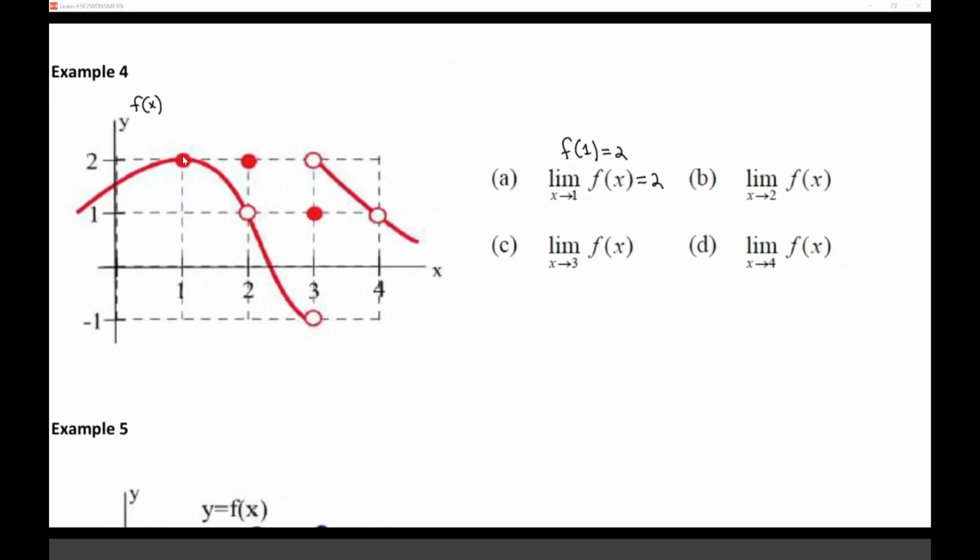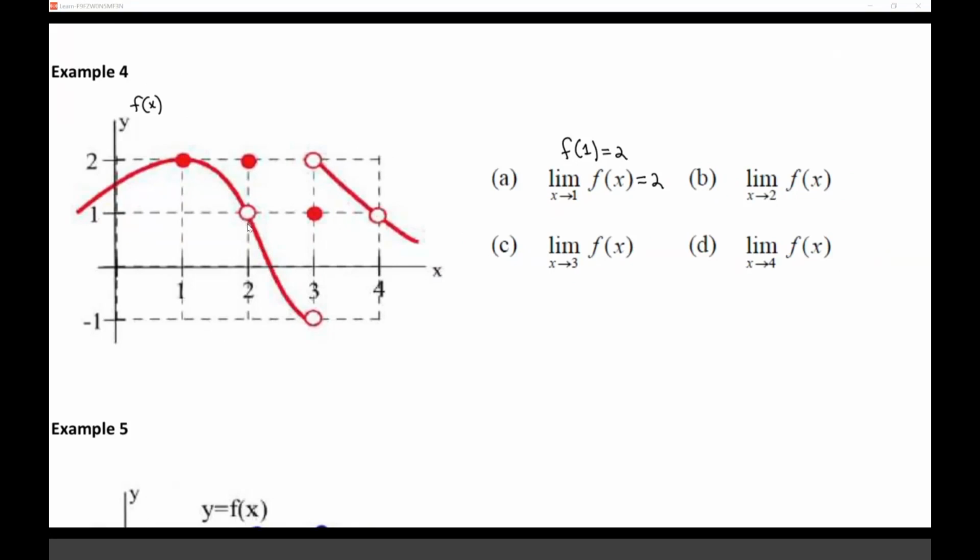All right, now I'm approaching x equals 2 from the left. What y value am I getting close to? 1. And if I approach x equals 2 from the right, what y value am I getting close to? 1.